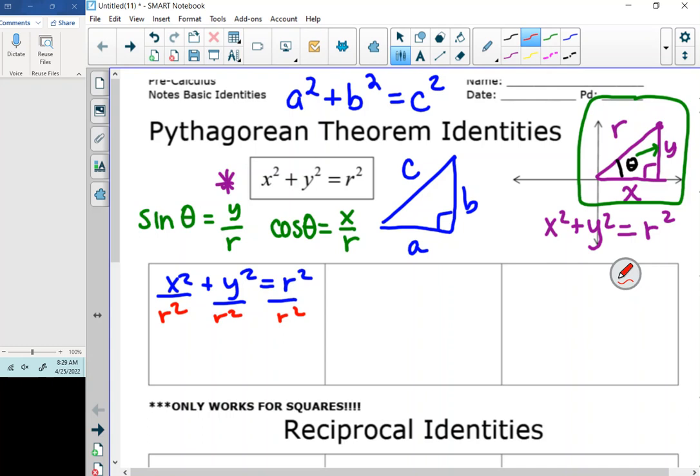So let's say I take everybody on both sides divided by r squared and then rewrite the results. R squared over r squared, well, anything over itself gives you what? 1. So that part's easy.